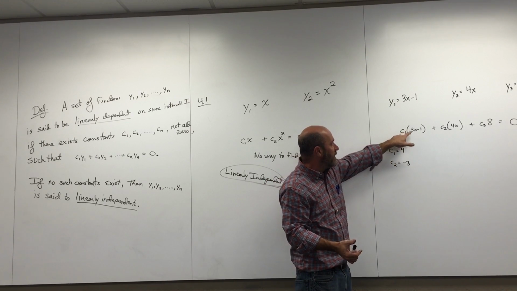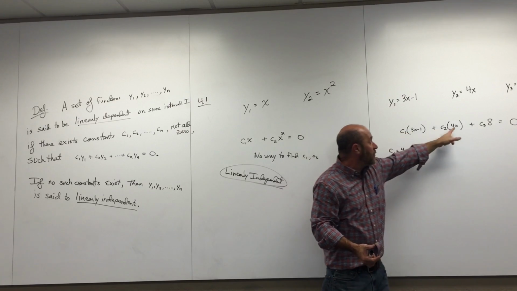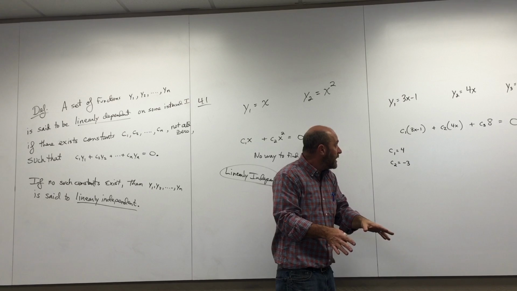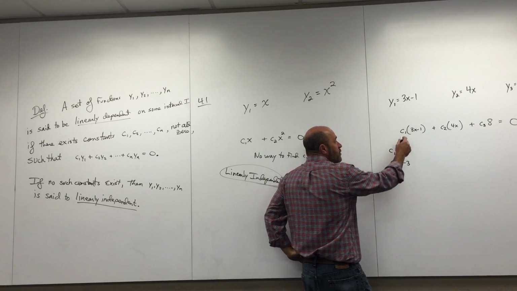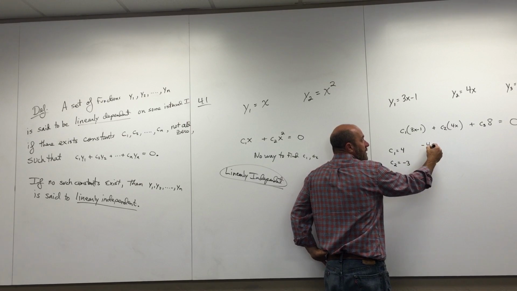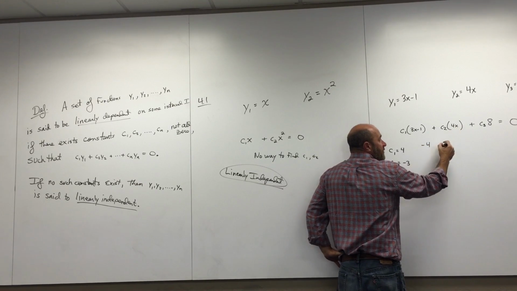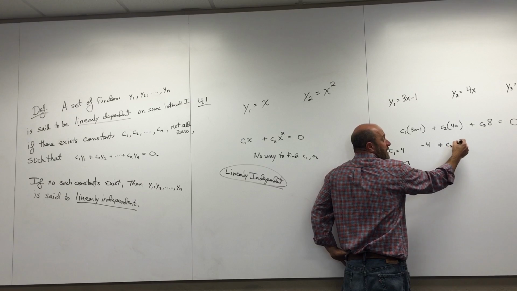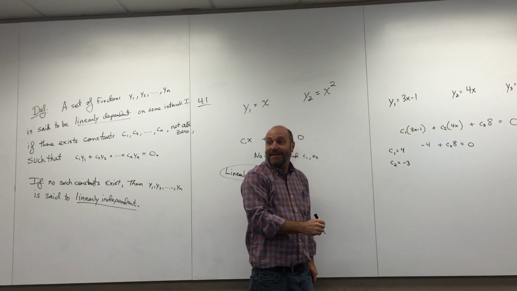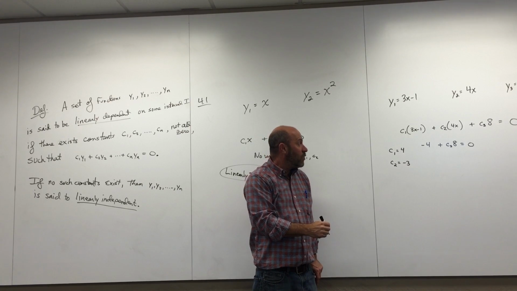So now I have a 12x and I have a negative 12x, so I will get rid of my x's. But what will I be left with? If C1 is a 4, I'll have a negative 4 here. Then I just need to pick the right C3 and I should be able to do it. If C3 is a 1/2.